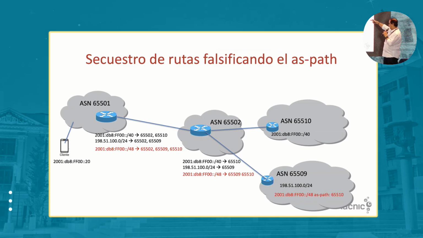So if 65510 had created the ROA with some AS, I add an autonomous system of origin that is different from the path, and I publish it in this one over here. So this could end up happening. This will depend on the filters and things that have been configured, but this could occur.